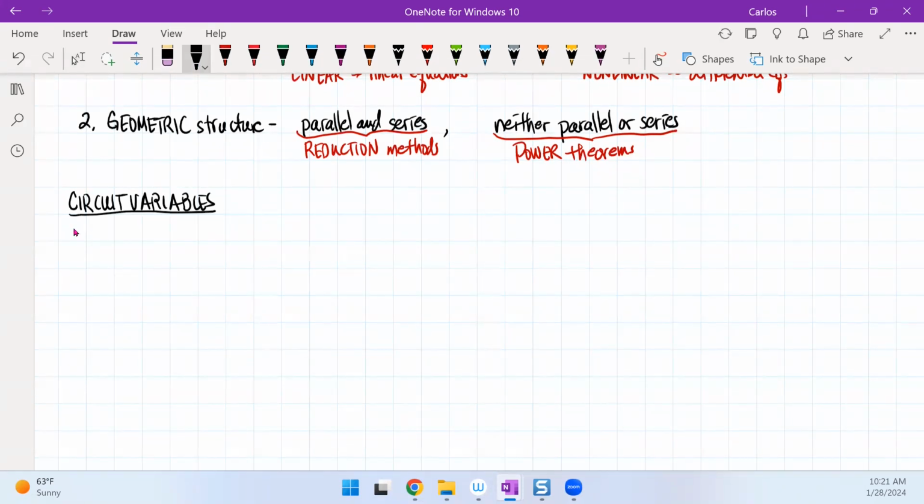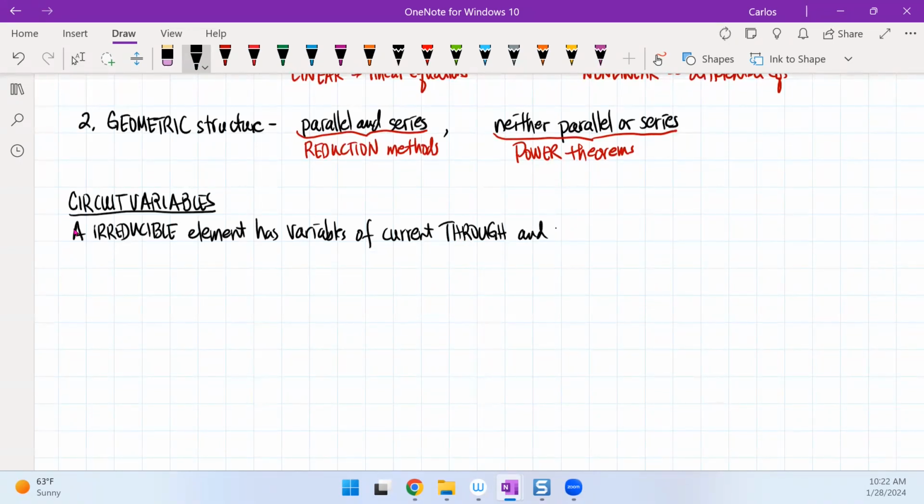An irreducible element has variables of current through and voltage across the element.